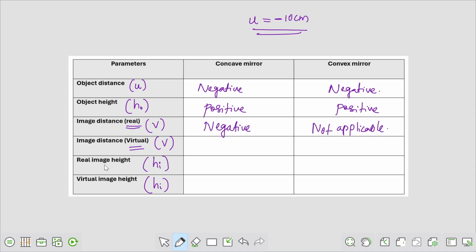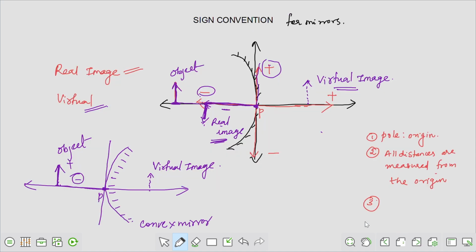Now image distance virtual. So if the image formed is virtual, which side will you get? You will get at the right side. So what is the image distance sign? Yes, from the pole to the right. To the right is taken as positive. What about convex? Convex always forms virtual, which is also formed at the right side. So from the pole to the right, it is taken as positive.